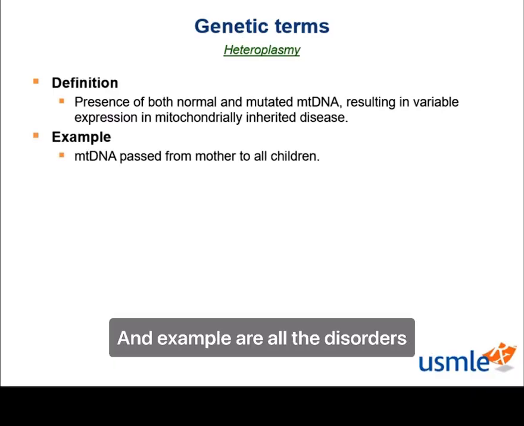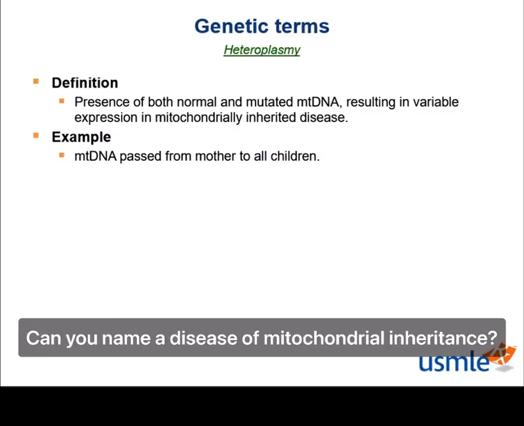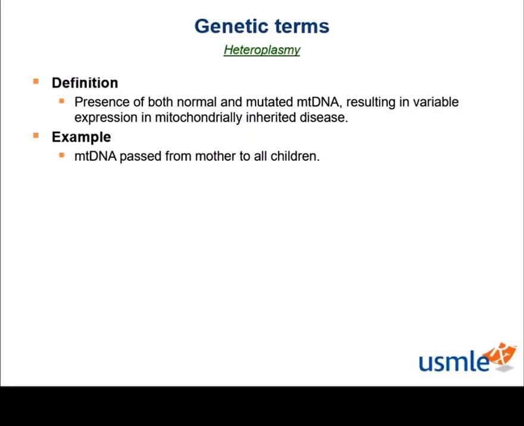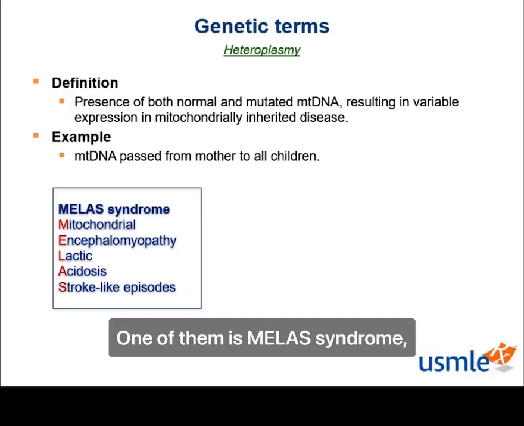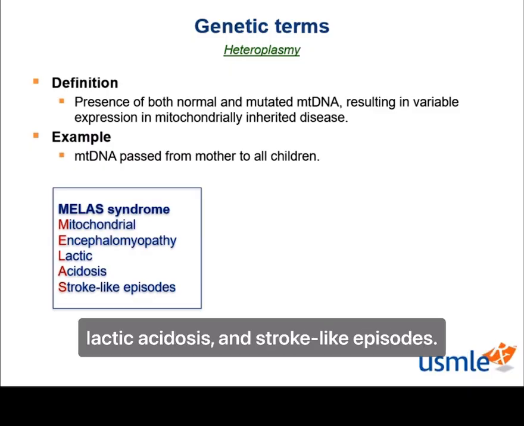An example are all the disorders in which mitochondrial DNA is passed from the mother to all her children. Can you name a disease of mitochondrial inheritance? One of them is MELAS syndrome, which stands for mitochondrial encephalomyopathy, lactic acidosis, and stroke-like episodes.